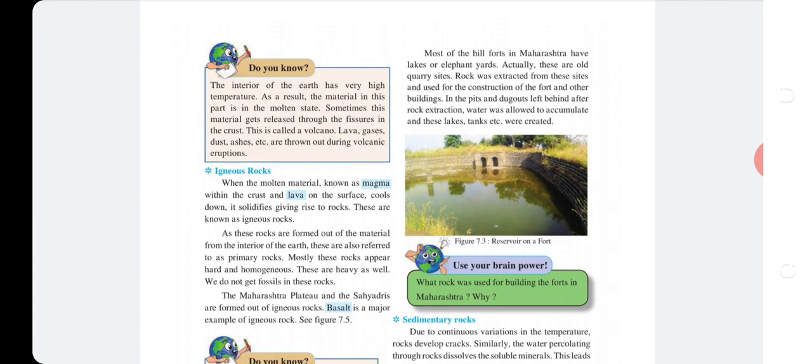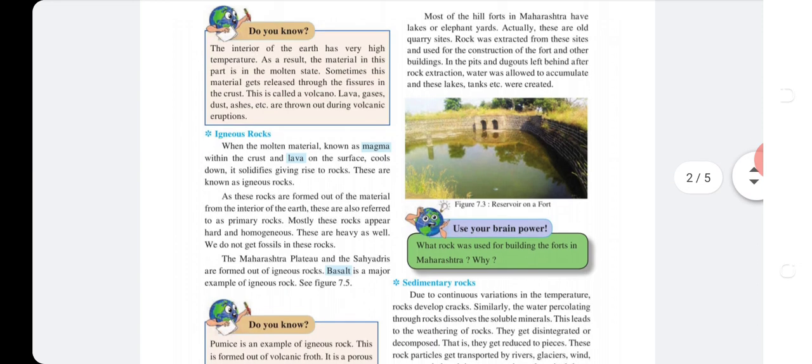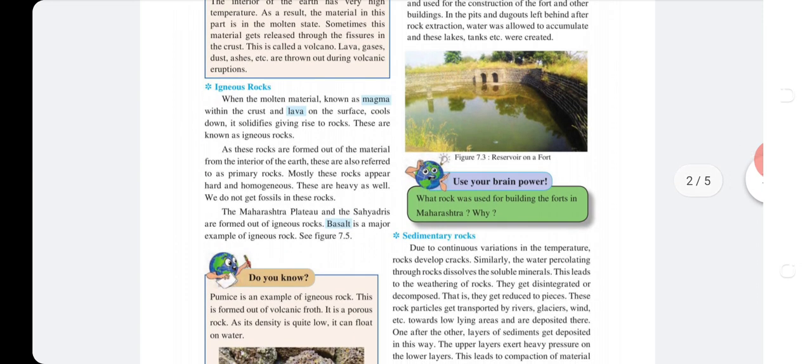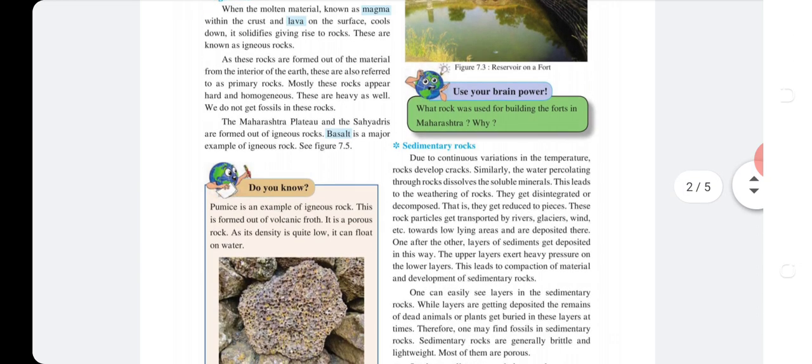In the pits and dugouts left behind after rock extraction, water was allowed to accumulate and these lakes, tanks, etc. were created. Use your brain power. What rocks are used for building the forts in Maharashtra? Why?